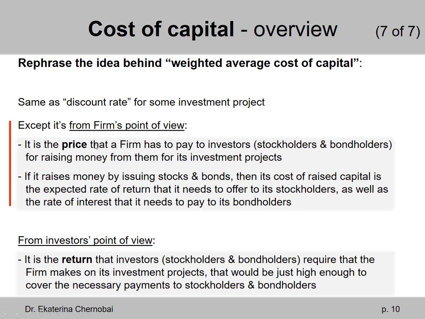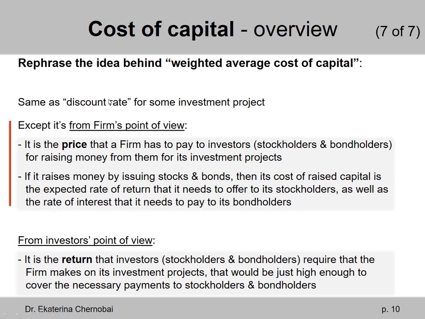So the firm needs to pay dividends, the firm needs to pay coupon payments on bonds, right? If the firm raises money by issuing stocks and bonds, then its cost of raised capital is the expected rate of return that the firm needs to offer to its stockholders, as well as the rate of interest that it needs to pay to its bondholders.